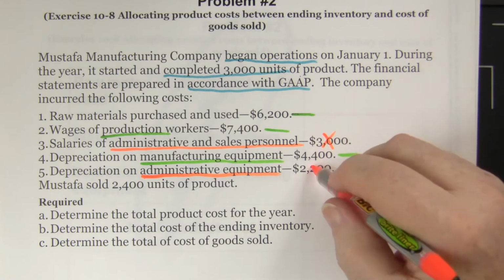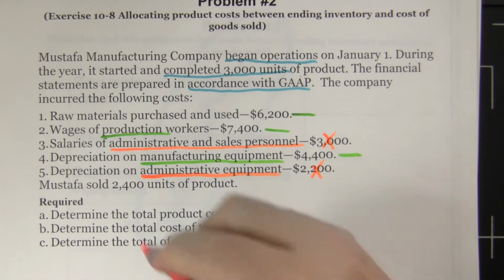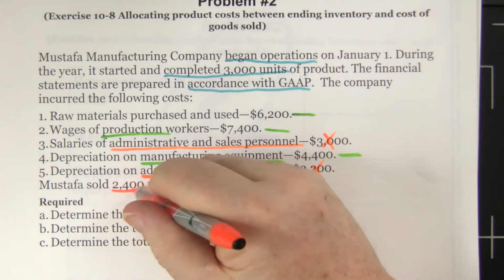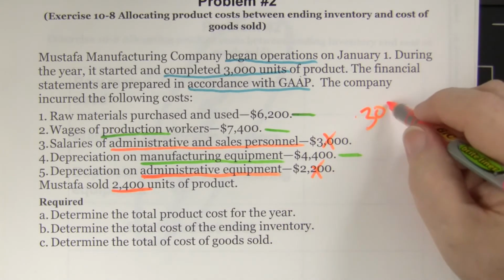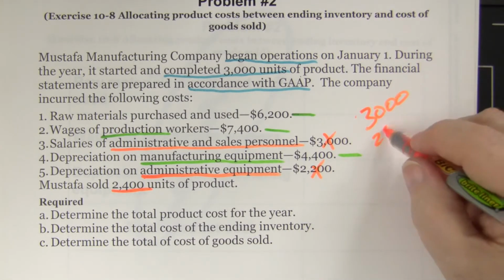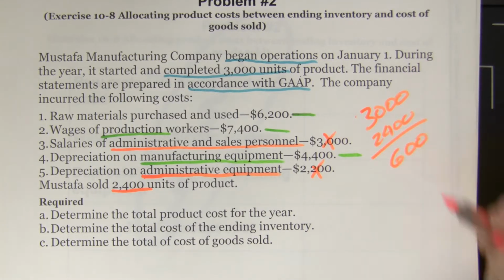So we have 3 product costs that we have to consider, and then they tell us at the end they sold 2,400 units, so they made 3,000, they sold 2,400. The ending inventory is 600.